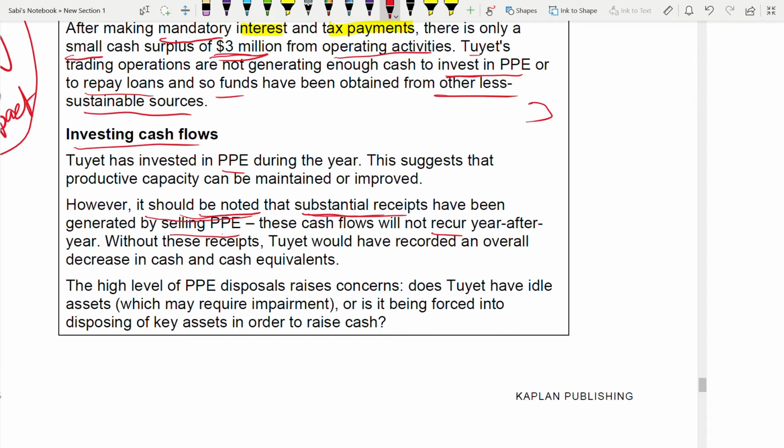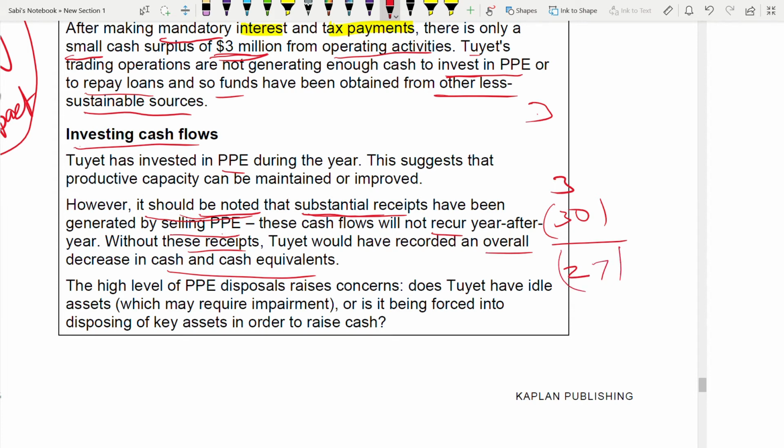So if you don't get this receipt, what happens? There is an overall decrease in cash and cash equivalent. Forget about financing. Don't talk about financing. Just operating and investing, if you see up to this, you will be having a negative. Why? Because from operating, if you are having just 3, let's say you don't have that 20 million, and you are purchasing a property, plant and equipment for 30. So 3 minus 30 is negative 27.